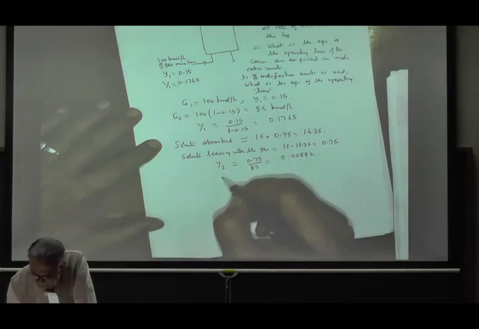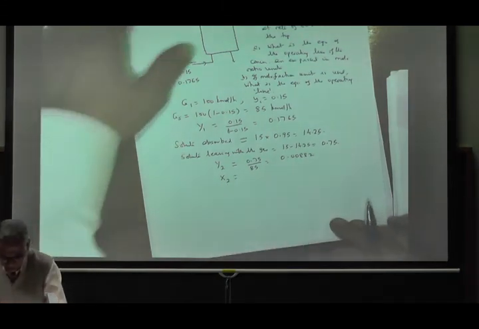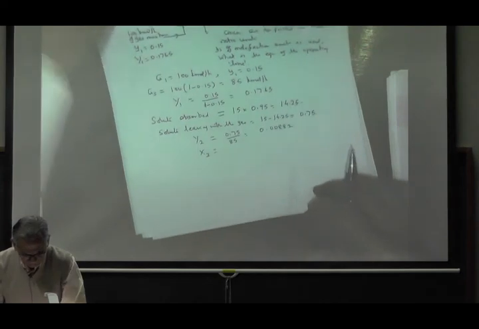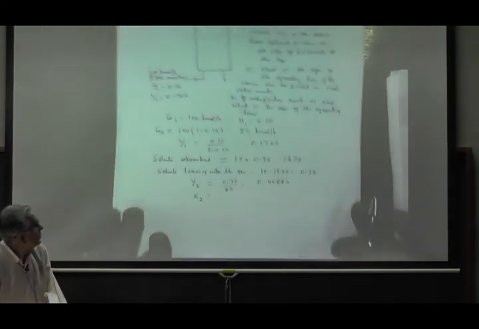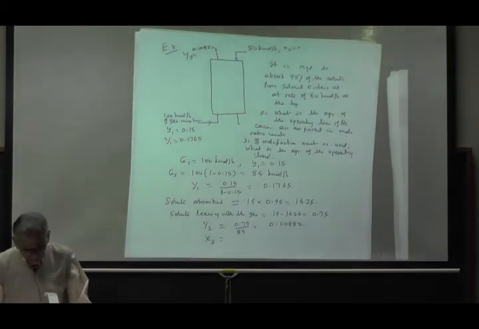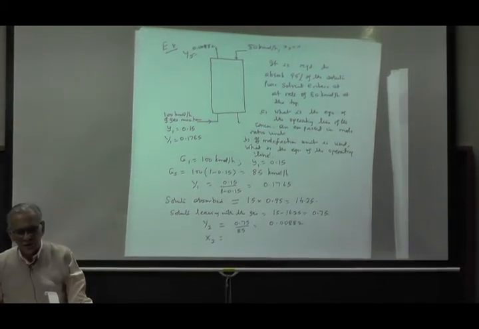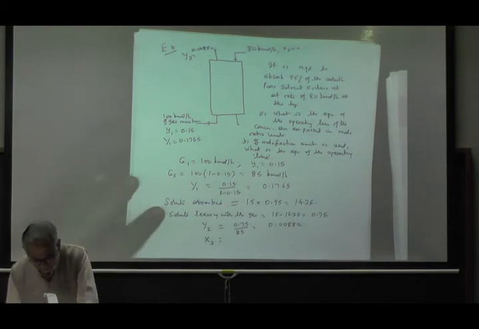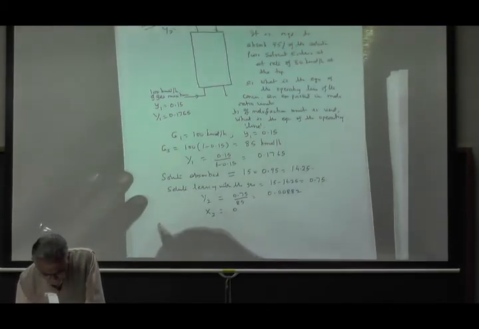What is X2? Capital X2 is what? Small x2 is 0, so capital X2 is, there is no A coming in with the solvent, so it is 0. So what is your equation of operating line?